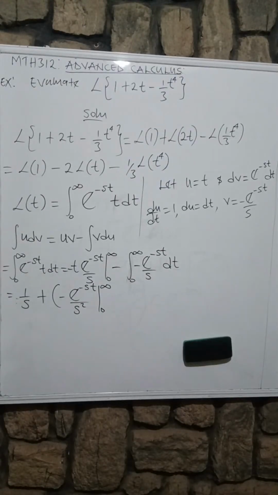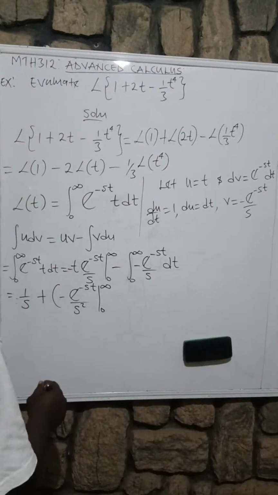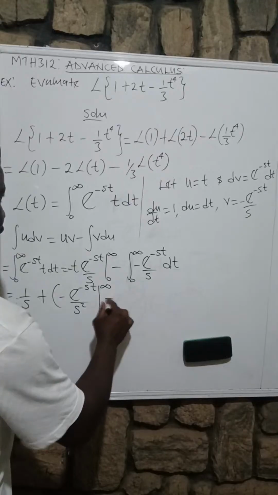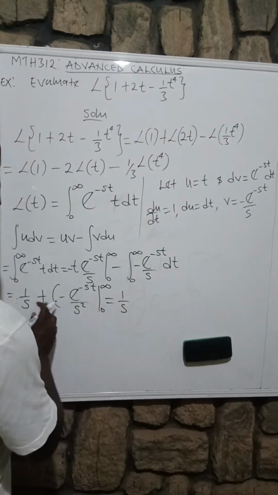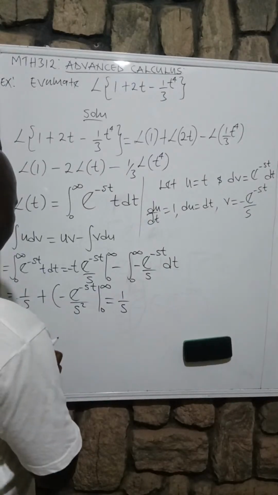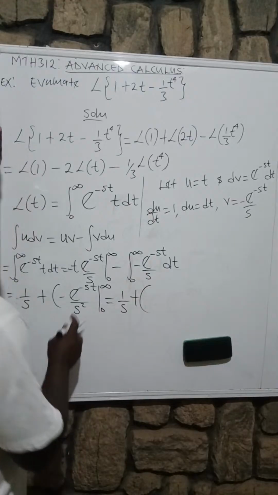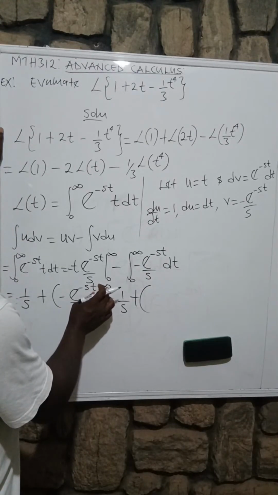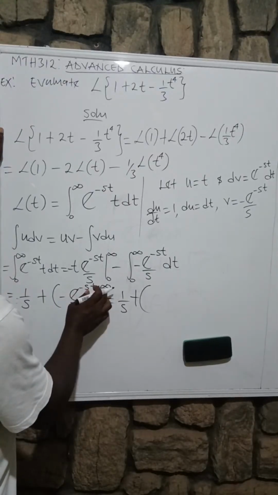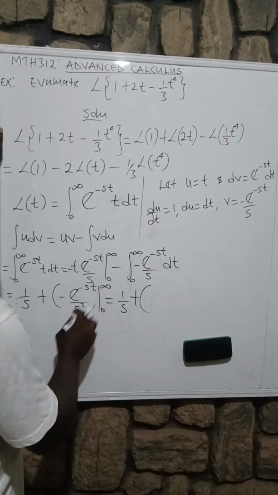It's okay. So far so good. So here will now be 1 all over s plus, times minus. Let us forget about it first. When we substitute in, infinity here will be 0, then minus this.